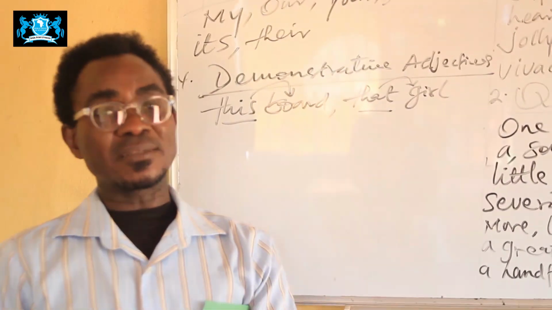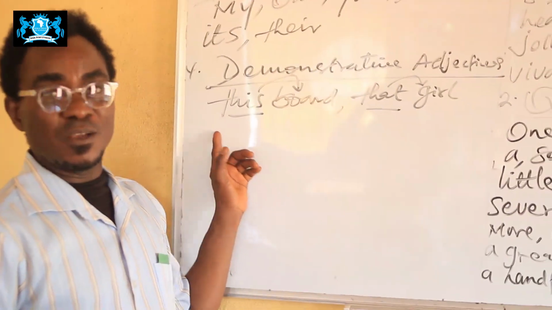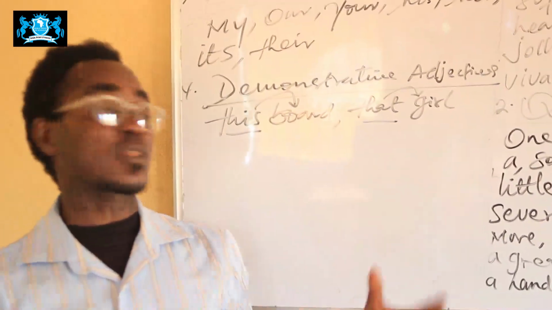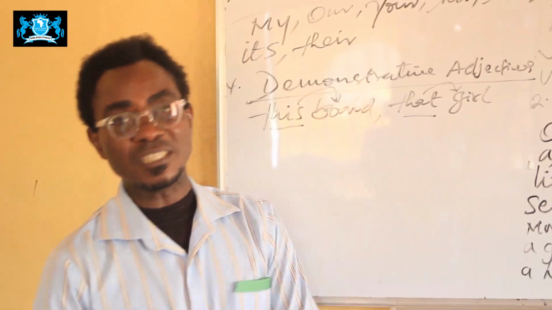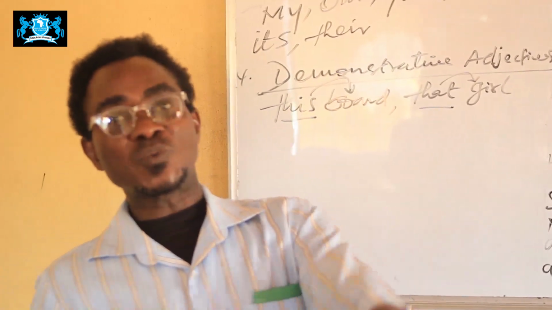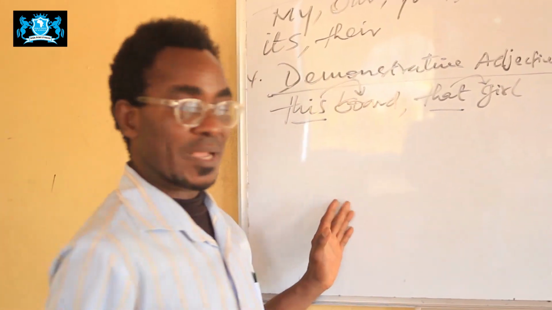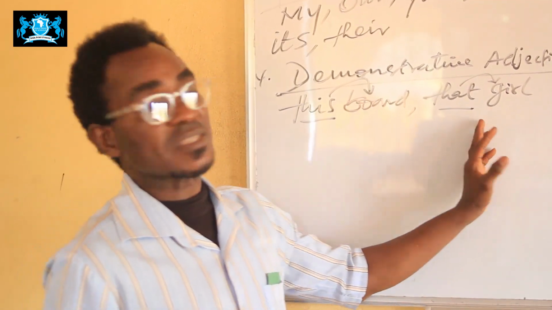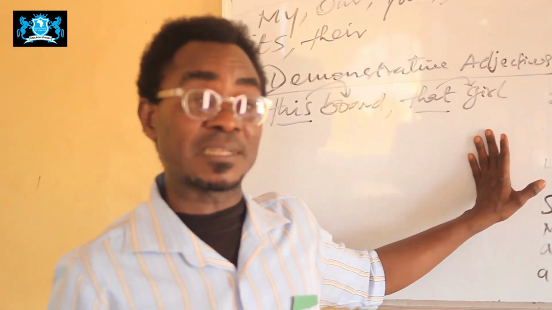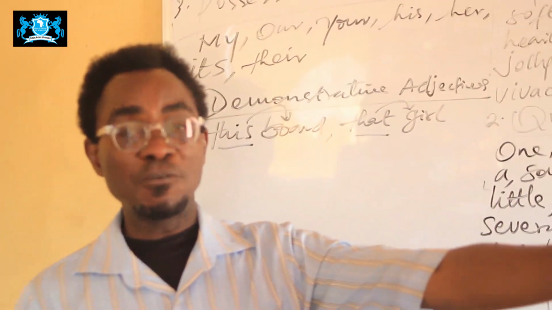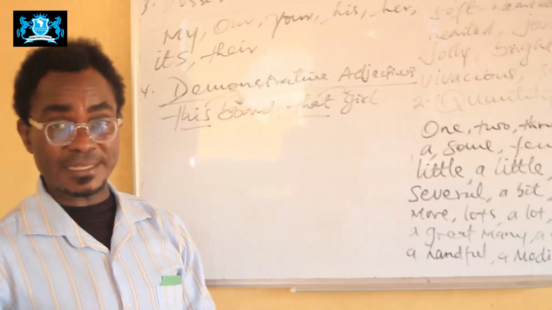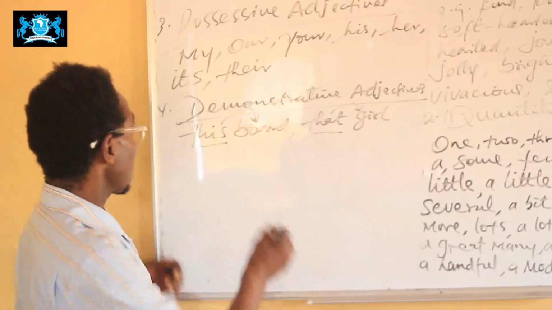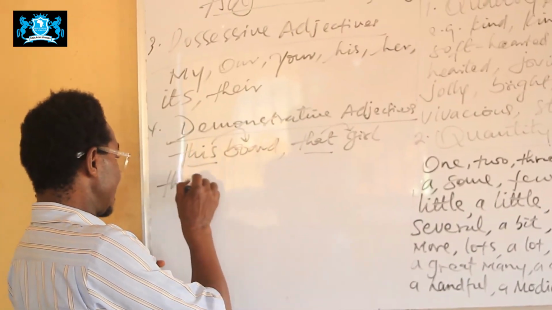We use one, the first one, this, when the noun we are talking about is close enough to the speaker, and the speaker can touch it, or generally is at a place within the reach of the speaker. We use that if the noun is far enough from the speaker, so far away that the speaker cannot touch it. We also say these.